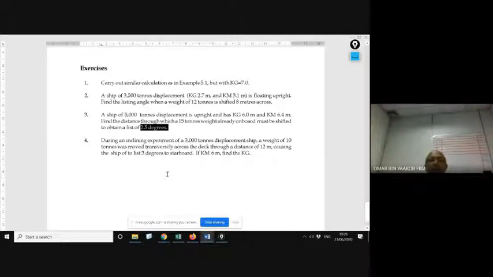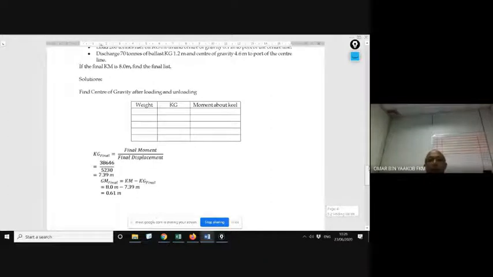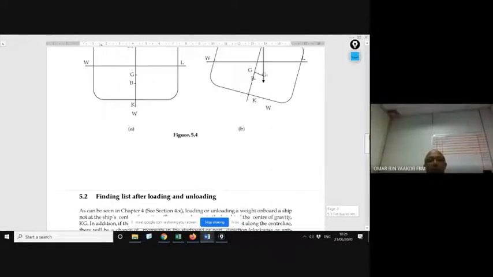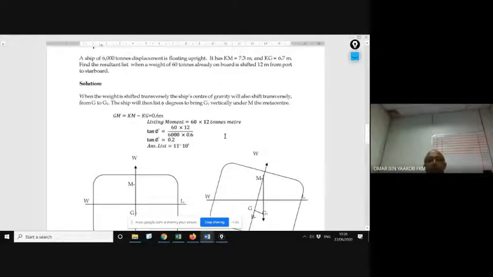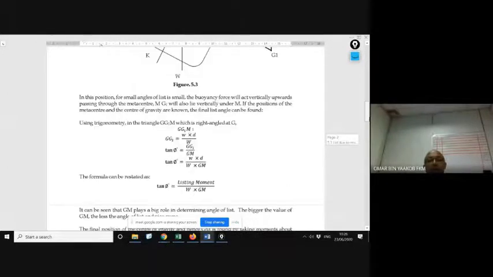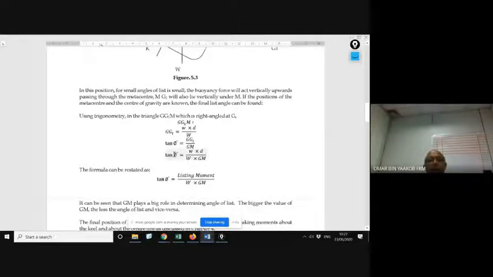And the question is, find the distance through which a 15 tons weight already on board must be shifted. So this is a bit strange, but it's still the same formula. You take the original formula, but you now know that this is tangent 2.5 degrees.